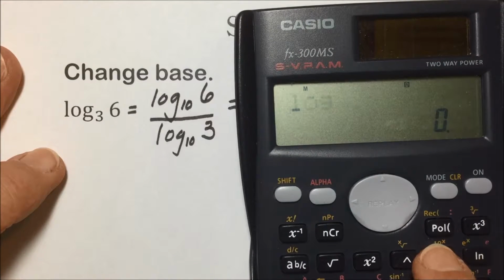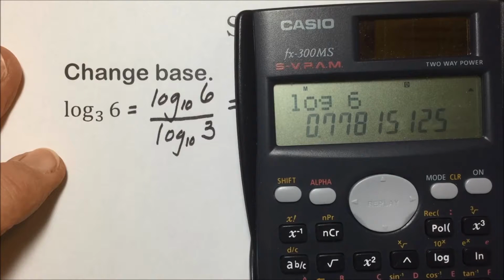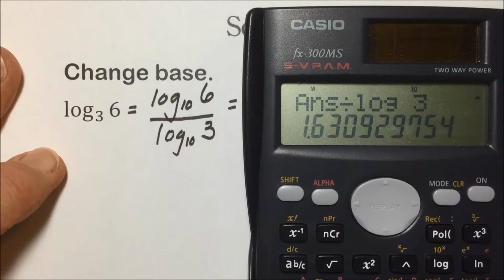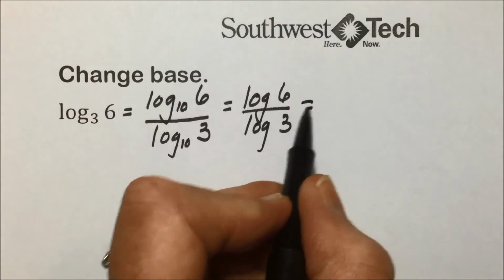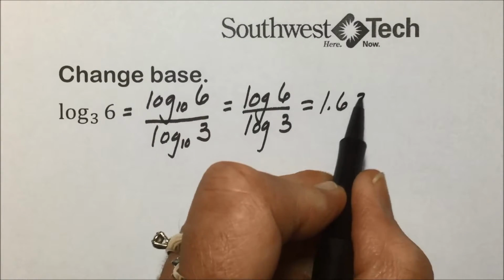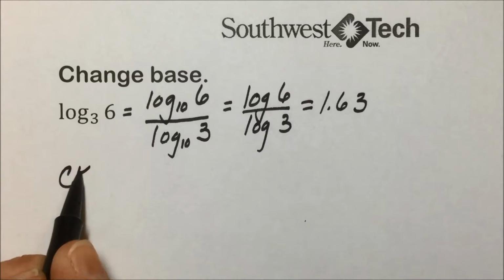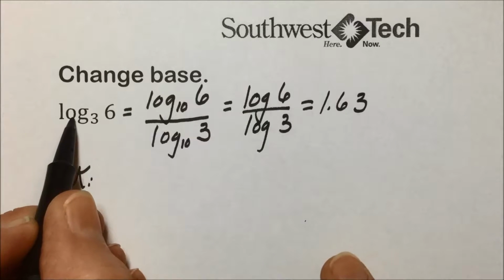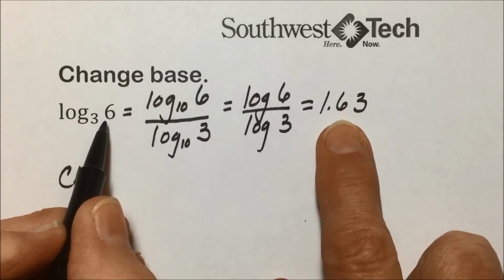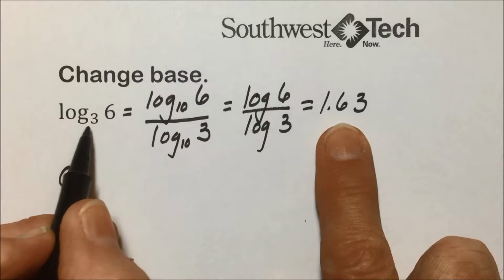So I'm going to take the common log of 6 and divide it by the common log of 3 to find the result. I get 1.63, so log base 3 of 6 is equal to 1.63.